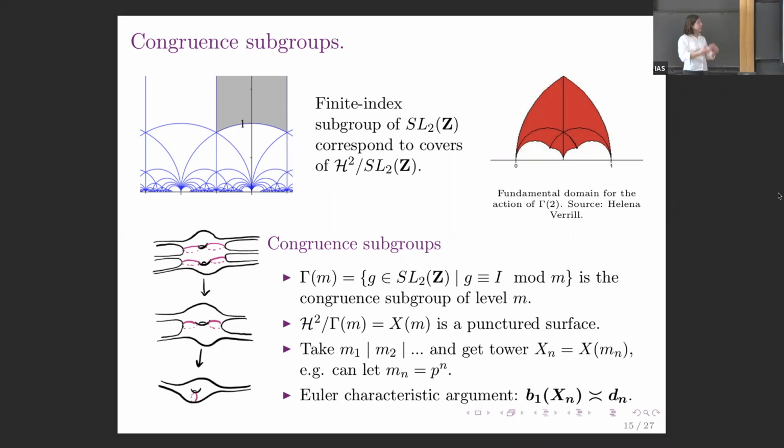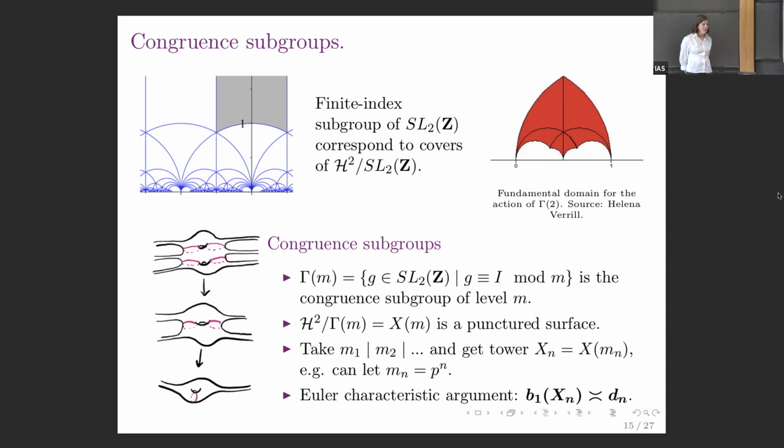Gamma N is going to be the finite index subgroup of SL2Z consisting of elements that are congruent to the identity mod N. By taking the quotient by the action of gamma N, I get a punctured surface X_N, which if N is large enough is a bona fide surface whose fundamental group is gamma N. And again, by taking a sequence of integers, each dividing the next, i.e. powers of p, I make a sequence of towers. If I do this with surfaces, the very same Euler characteristic argument, or a slight variation of it, gives the same rate of growth.